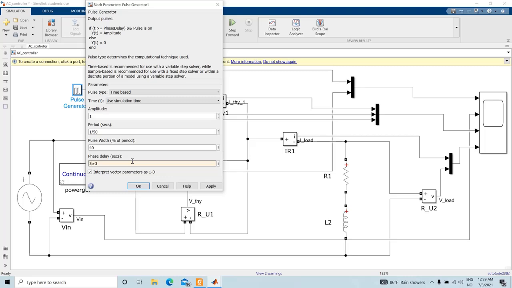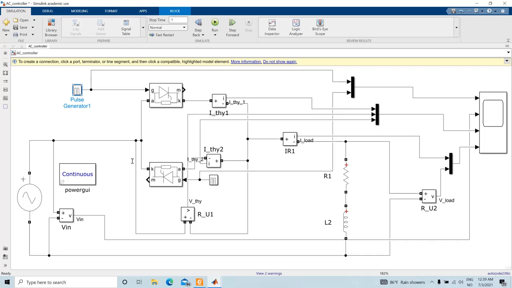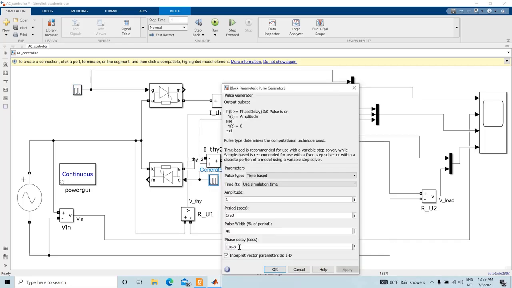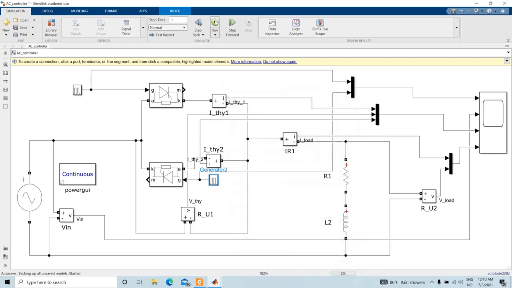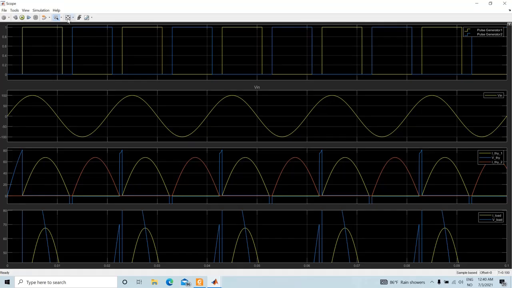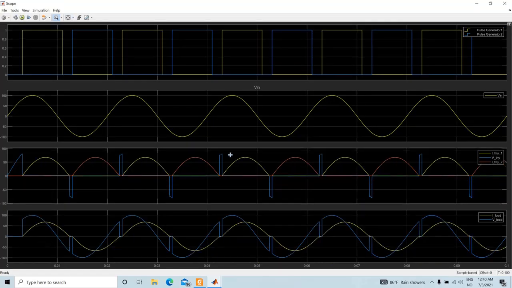So let's replace it with 3 millisecond here. That means it should be 13 here, and then if we run it, we see that the conduction of the thyristors now starts with alpha.